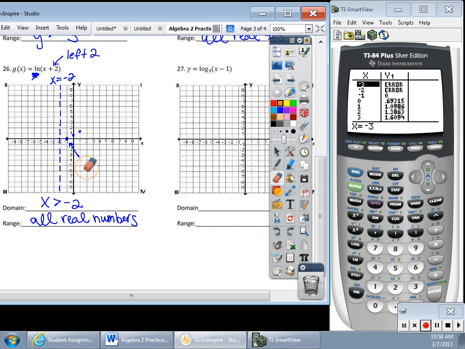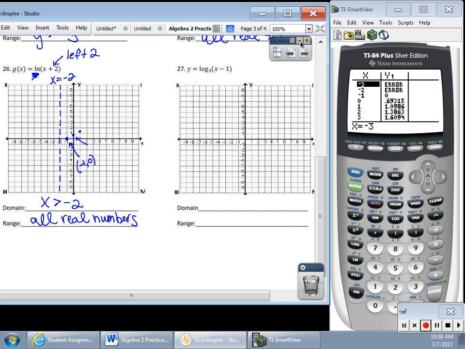There we go. Negative 1 comma 0. This point right here was 0 comma 0.69, and this point right there was 1 comma 1.09. And so it hugs the asymptote, hits the points, and goes off.